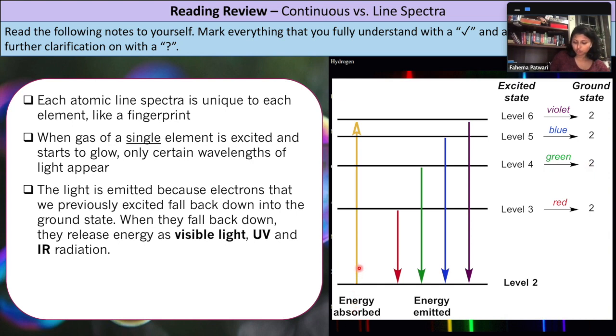Energy is absorbed. All the electrons will jump up to excited states. If it jumps up to energy level 6 and falls back to energy level 2, purple light will be emitted. If it jumps up to 5 and it falls back down, that's slightly less energy, right? So the slightly less energetic blue will be released. If it's only falling from level 3 to level 2, that's even less energy. So the less energetic red light is released.